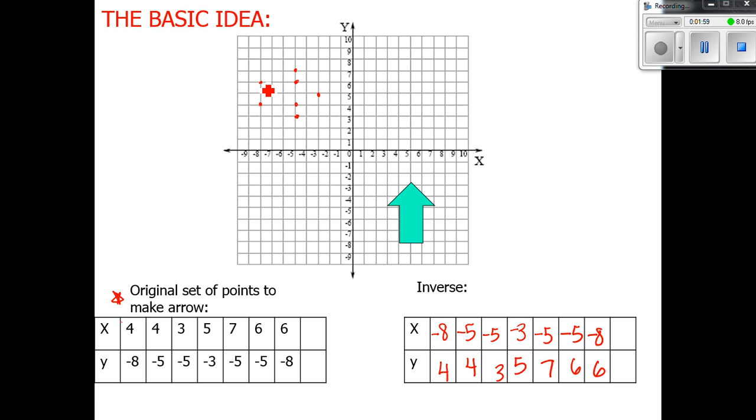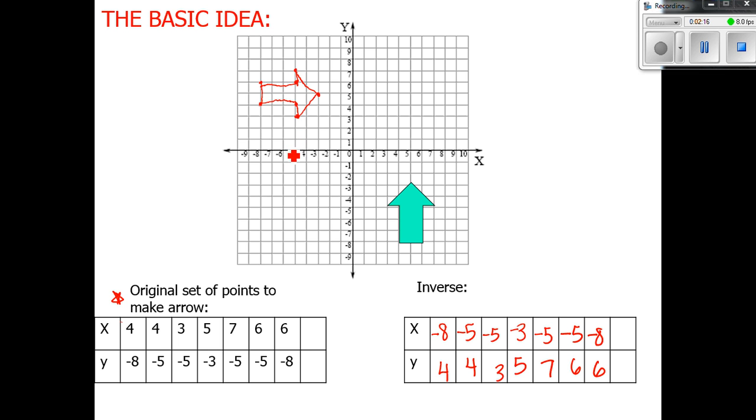And now you can see I can draw the arrow. Okay, so maybe it doesn't look exactly like that other arrow, but pretty close. It's a little harder to draw on this than what you will draw on your piece of paper.